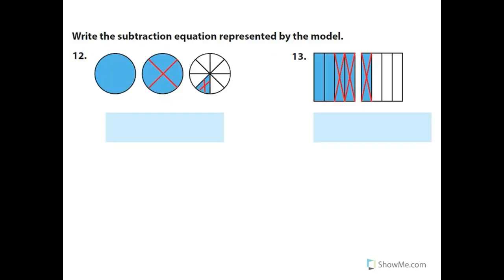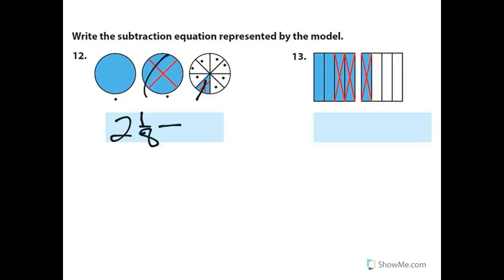Okay. In 12 and 13, we're going to write the subtraction equation represented by the model. So we've got 2 and what is this? 1 out of 1, 2, 3, 4, 5, 6, 7, 8. So 2 and 1/8. What are we subtracting?